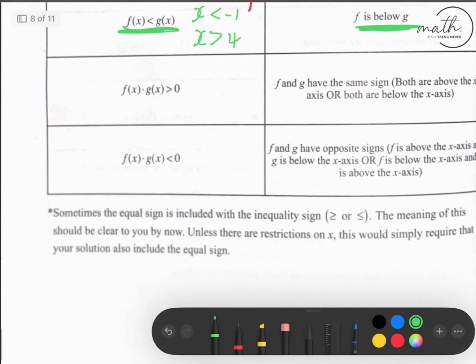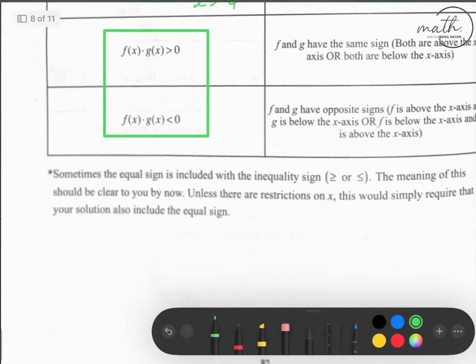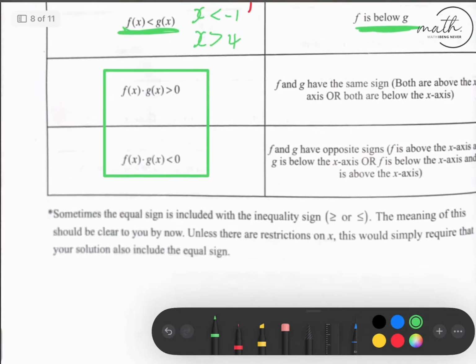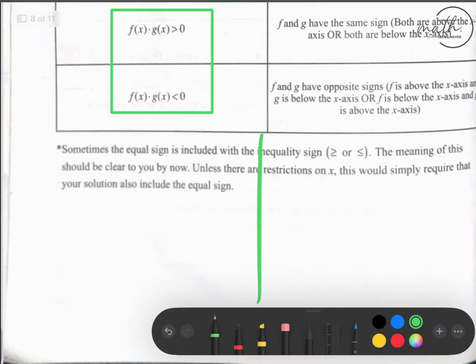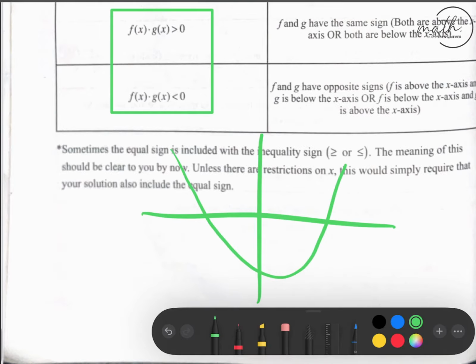So next one is this one, the last one that I'm going to do. Like how we did this one, you just compare the signs at that point. So like before, the parabola passes there. Let's say -1 here, 3 here, and 4 there.